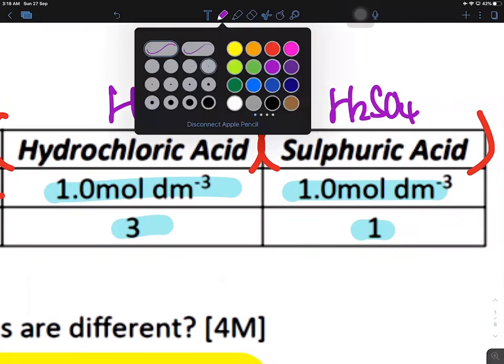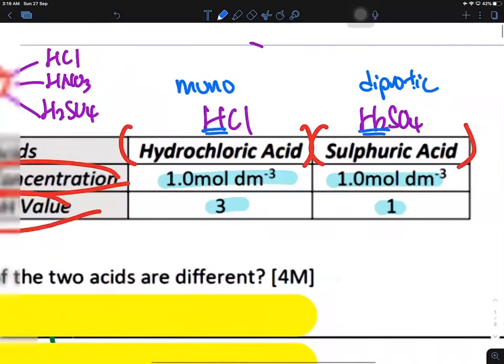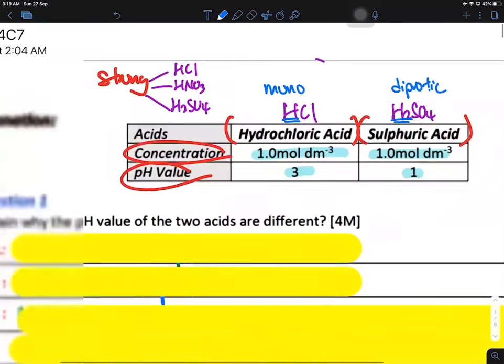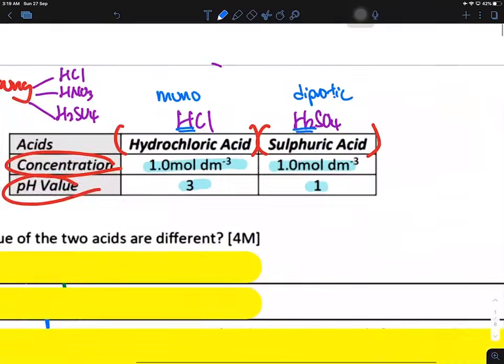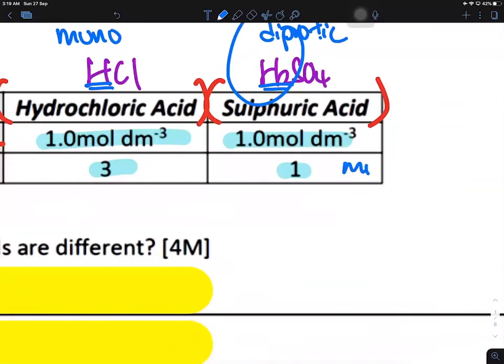You can see one comes with only one H, but H2SO4 comes with two H. So this is the one that you got to explain, the difference between mono and diprotic acid. Okay, so you can see that diprotic acid has more hydrogen. When it has more hydrogen ion, the pH will be lower.